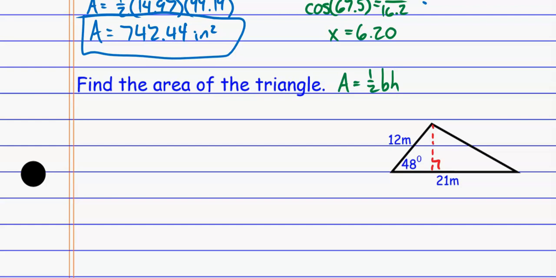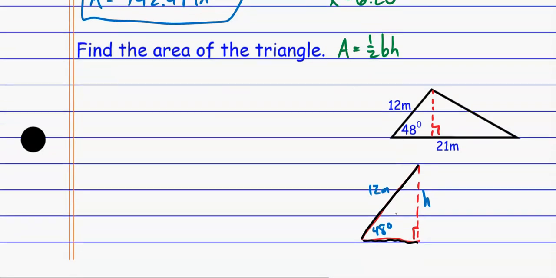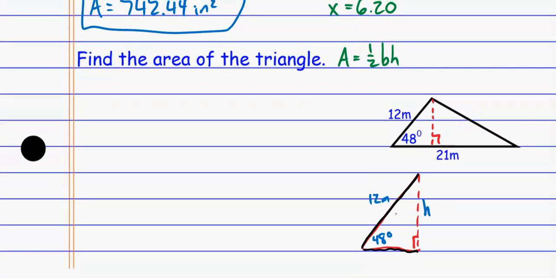And to find this guy, if I were to once again draw this off to the side here, here's that right angle that I've drawn. And these are the side edges of my triangle. So just looking at that right triangle, well, I know that this side is 12 meters. I know that this right here is 48 degrees. What I want to find is the height here, h. And so once again, I'm going to use trig functions. And I look at the angle I have, which is the 48 degrees.